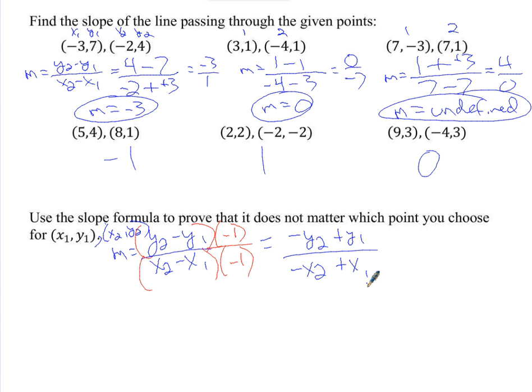Now we want to use the commutative property to rearrange the order that these are written. So I'll have y1 minus y2 over x1 minus x2.